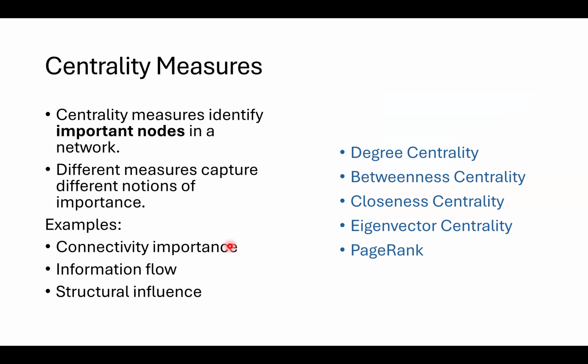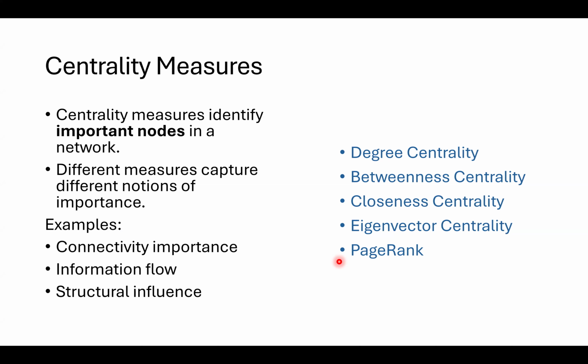So, centrality measures help identify important or influential nodes within a network. And different centrality measures capture different notions of importance. For example, some nodes may be important because they have many connections, while others may be important because they act as bridges between different parts of the network.